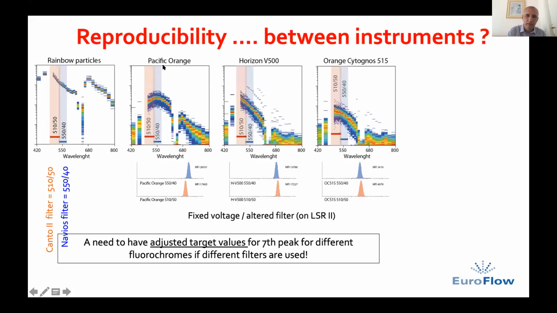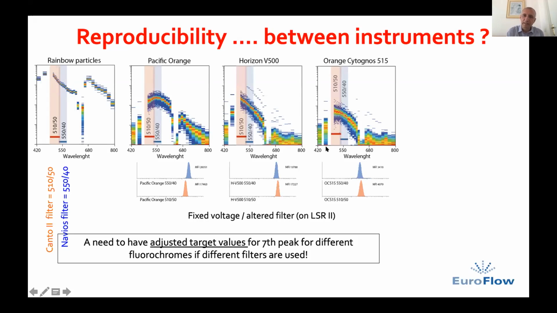However, if you look at the 3 different alternative fluorochromes that we have used on Canto, you realize that they are all slightly different. So on Pacific Orange, you will have a maximum emission in the Navios filter and not so much in the Canto filter. Horizon V500 will get the maximum in the Canto filter, but will be lower in the Navios filter.